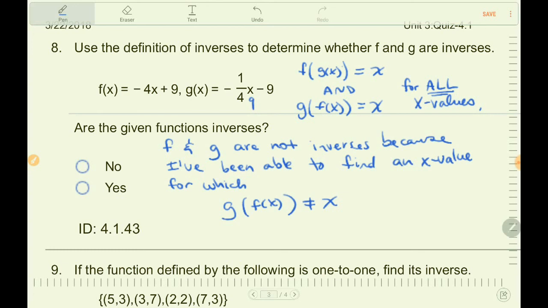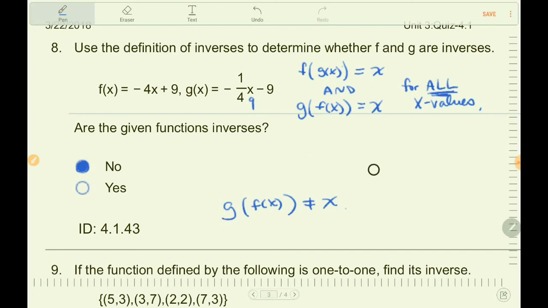Right, so that's kind of like proof by a counterexample. And that works because it has to be true for all x values. That does actually prove that f and g are not inverses by using that specific x value to test it.